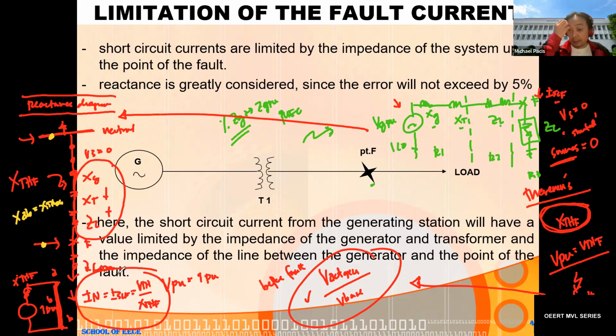Another important one is the superposition theorem. The superposition theorem is very important in getting the so-called contribution of every rotating element, that is your generator and motor, which is also important in protective relaying, for the sensitivity of your relay and for coordination.